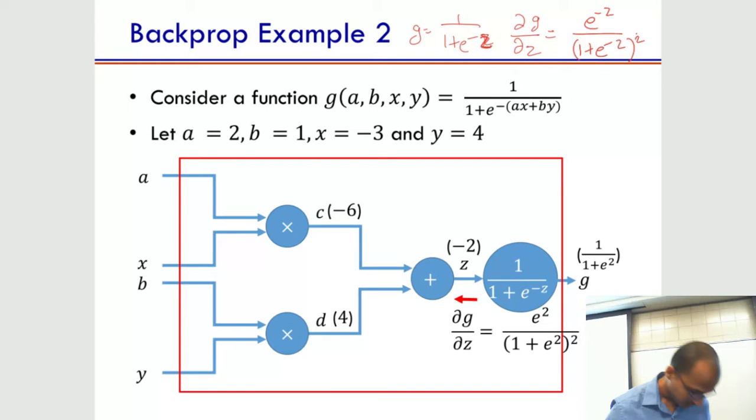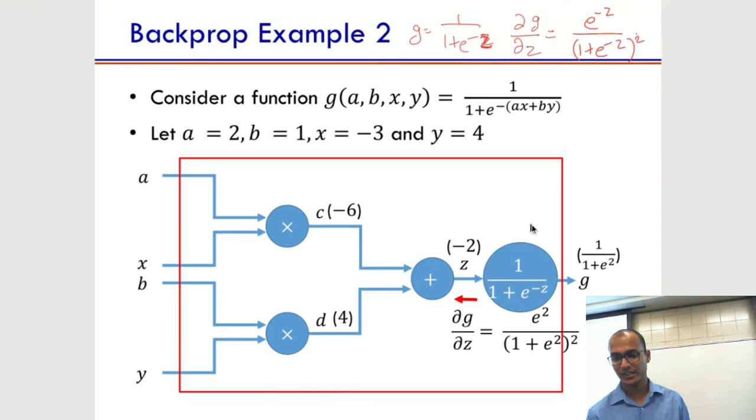It's just the derivative of this function with respect to its input z. Is this clear, or is this a little bit confusing?